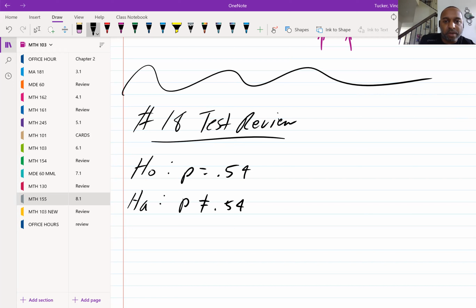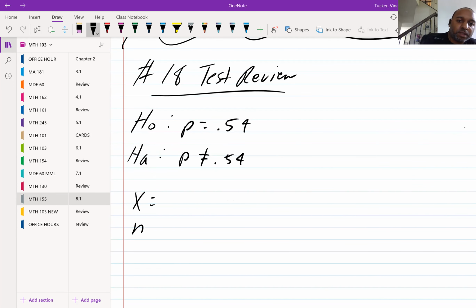so that's what we have. Let me go ahead and write this. So our sample size is 986, and then it said out of that 986, 490 people showed favor in stricter gun control.